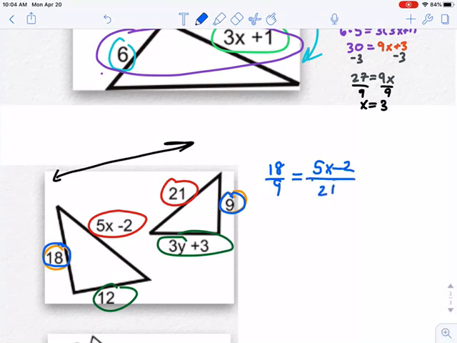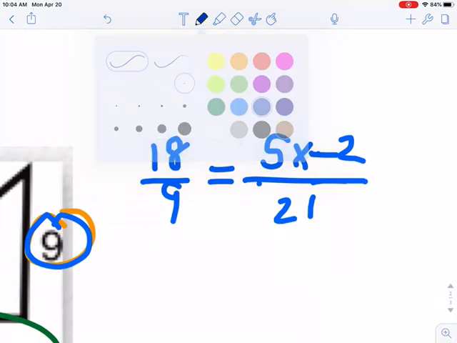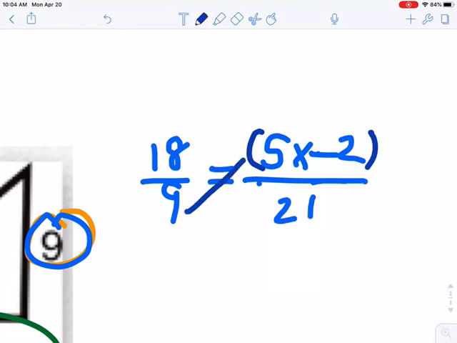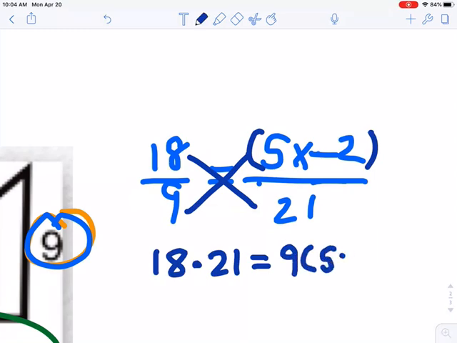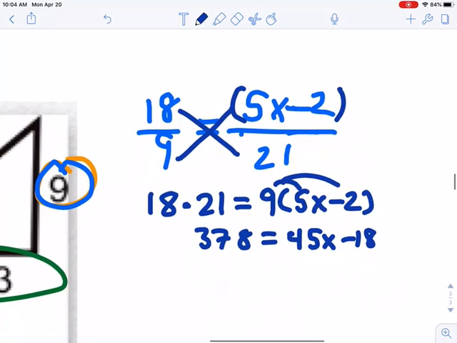All right, so again, setting up this proportion in blue. If I can set this up, I'm in incredibly good shape. Again, I like to put parentheses around that junk, cross multiply. I'm going to get 18 times 21 equals 9 times parentheses 5x minus 2. All right, what's 18 times 21? Some enormous number, 378. Then distribute over here. I'm going to get 45x minus 18.